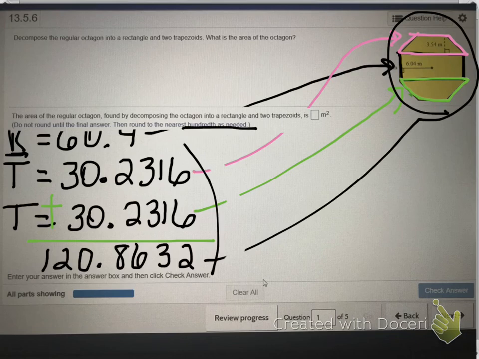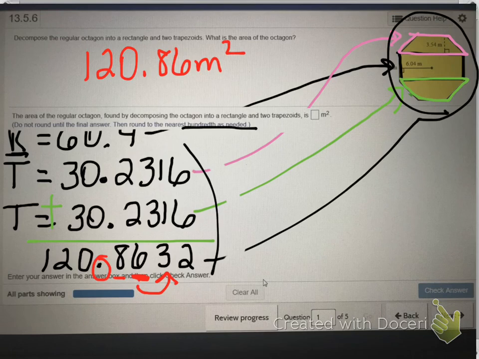So the hundredths place is the second digit: this is the tenths, this is the hundredths. So we need to round to the second digit after our decimal point. We're going to look at the digit next door, which is a 3. That tells us we need to keep our hundredths place the same as it is. We're not going to round up. So our answer is going to be 120.86 meters squared.